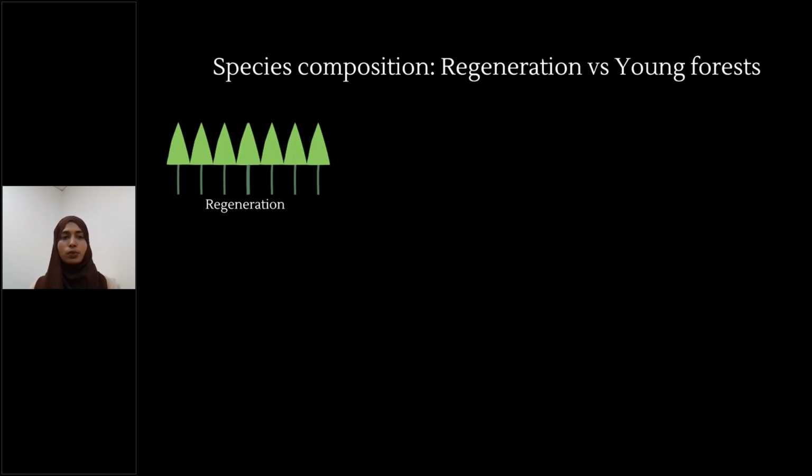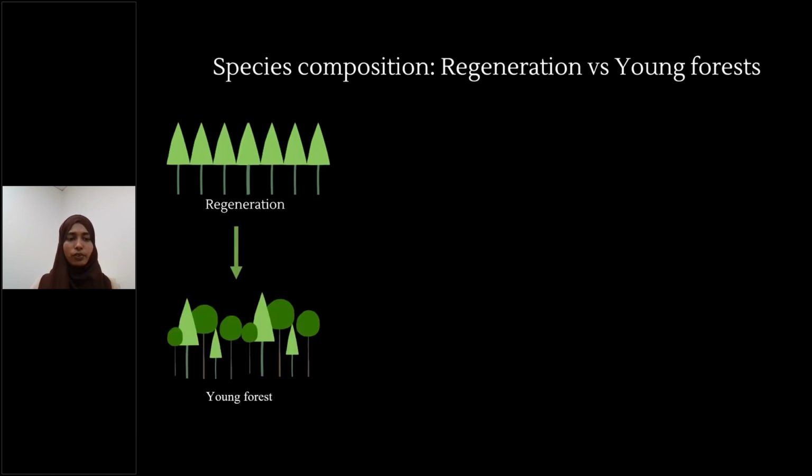I mean, mostly conifer dominated, right? But when we looked at the species composition in young forest, neither Norway spruce nor Scotch pine was dominant. Rather, it was a mixed forest dominated stand in young forest.